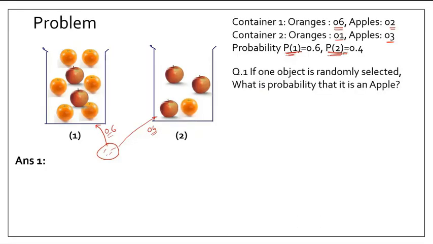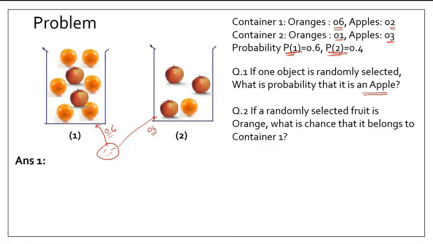So that is the meaning of probability of 1 and probability of 2. Now the question is, if one object is randomly selected, what is the probability that it is an apple? Can you solve this? And the second question is, if a randomly selected fruit is an orange, what is the chance that it belongs to container 1?